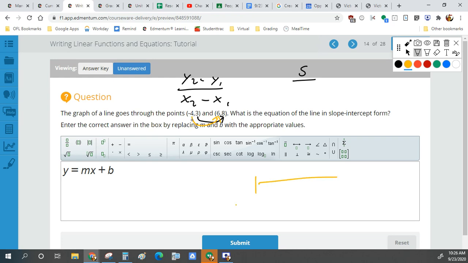Well, if you look at a number line, negative 4 is here, then there's 0, then all the way over here is 6. So I have to move 4, then I have to move 6. So that means I had to go to the right a total of 10. So my slope, if I reduce it, is 1 over 2. It's 1/2.